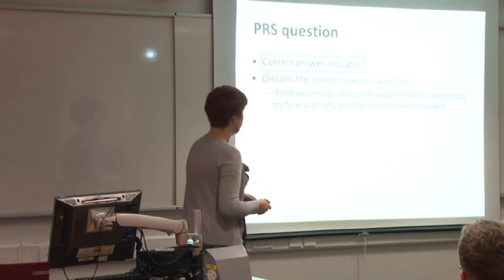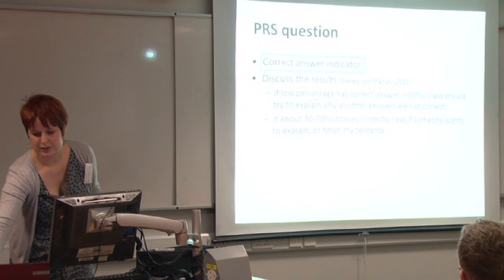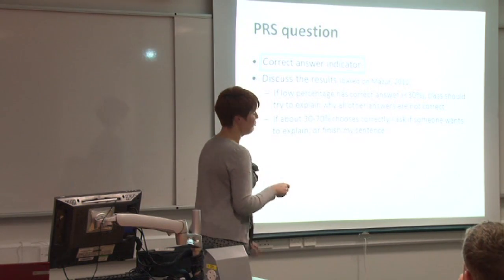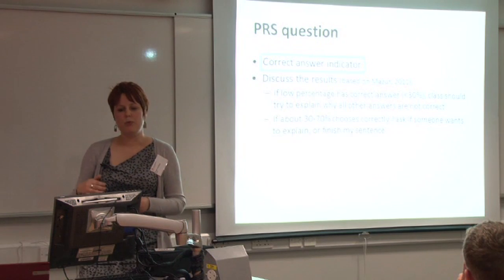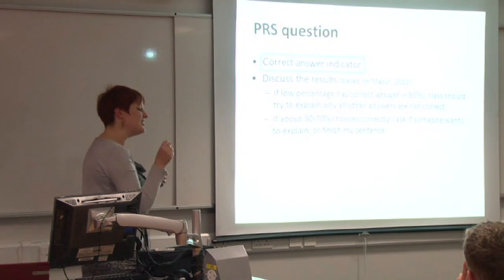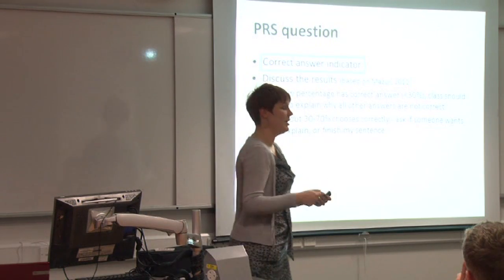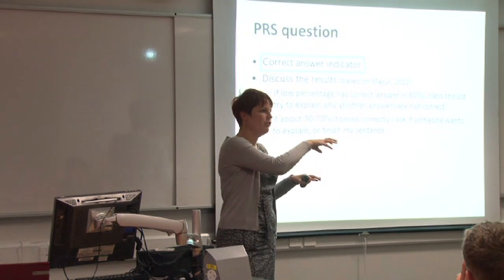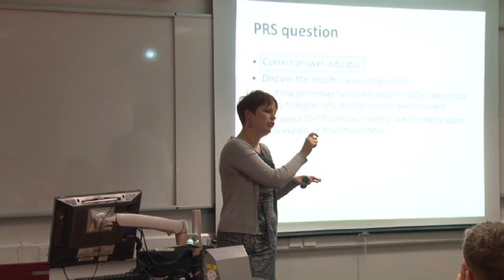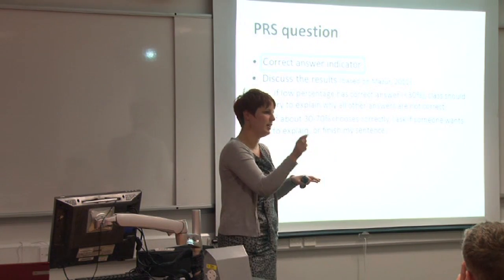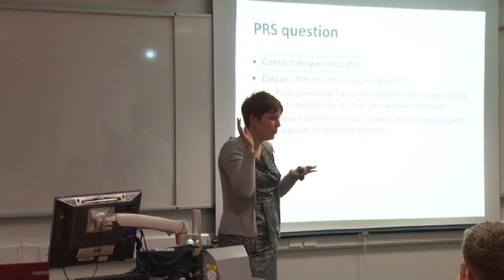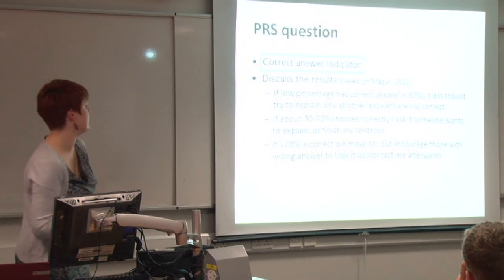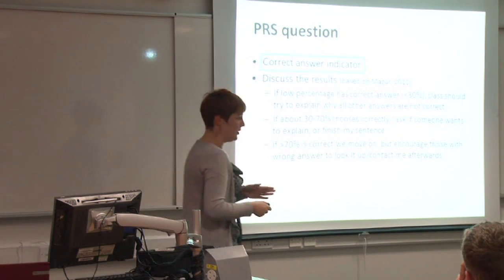If between 30 and 70% of the people choose the correct answer, then I try to convince somebody to explain it to us, or I'll go a few steps back and make the students finish my sentences, just so I can see where in the process they are possibly making a mistake. And if more than 70% has the correct answer, we move on.